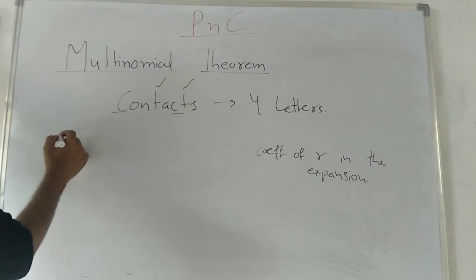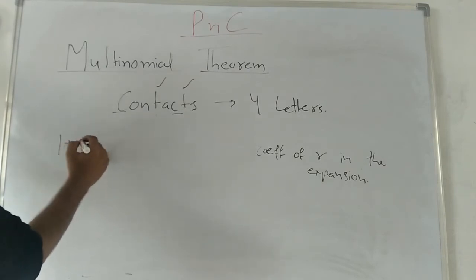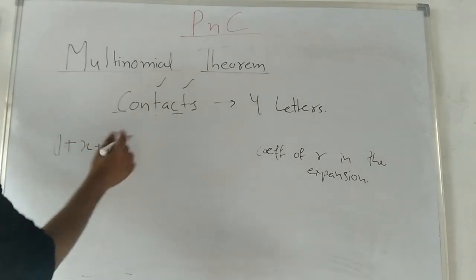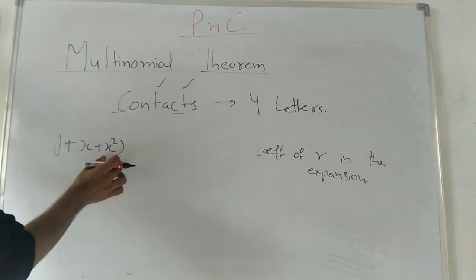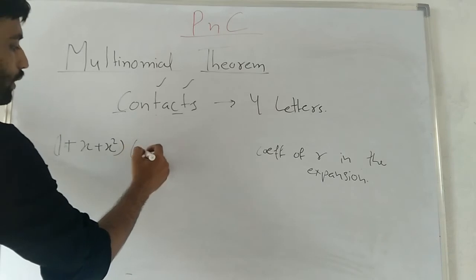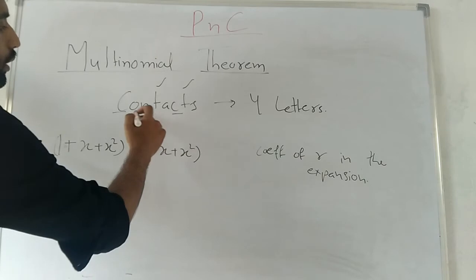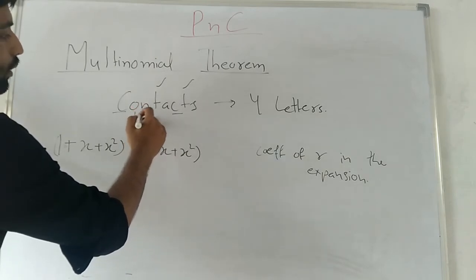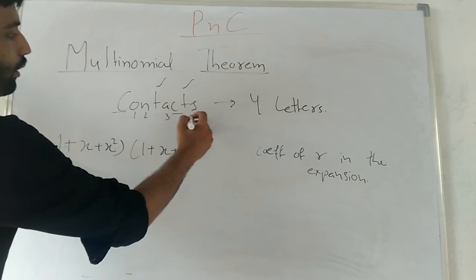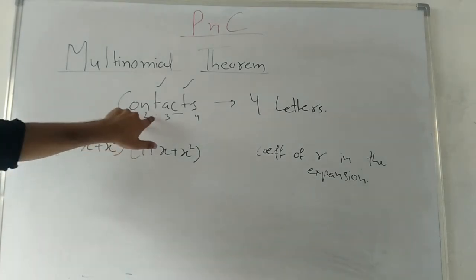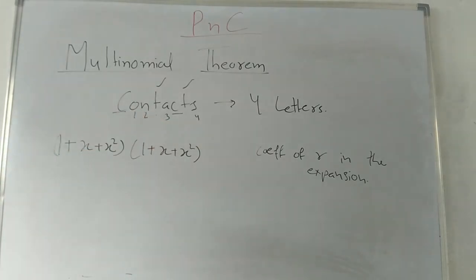So for C, we will write 1 plus x plus x square because we have 2 C's. For 2 T's, we will do the same, 1 plus x plus x square, and for different letters we have 1 plus x, four times, since we have 4 different letters.